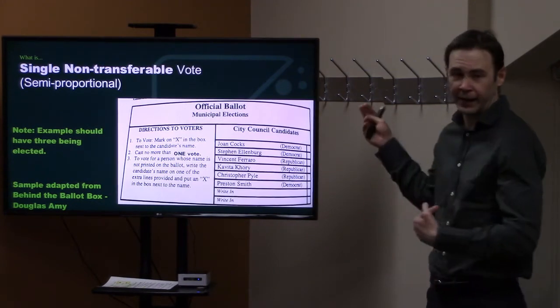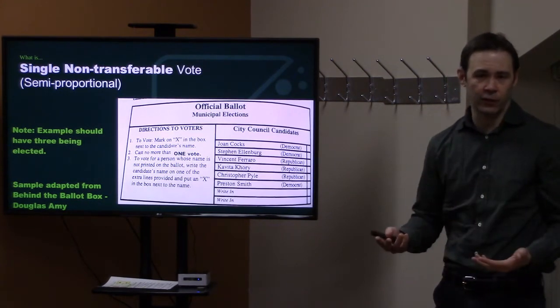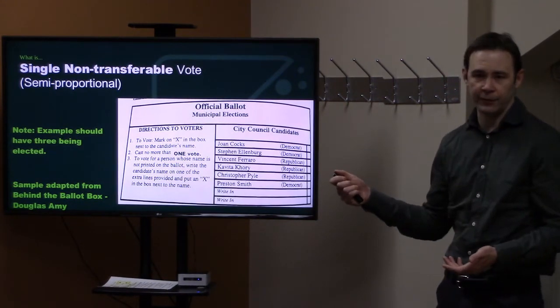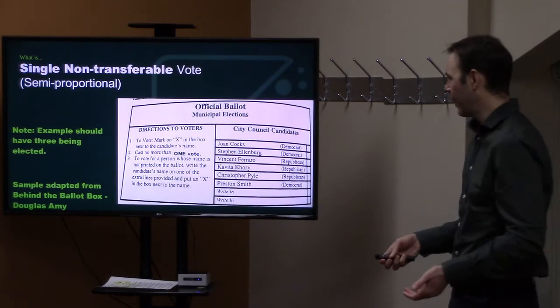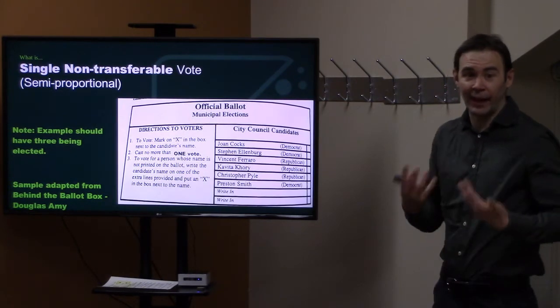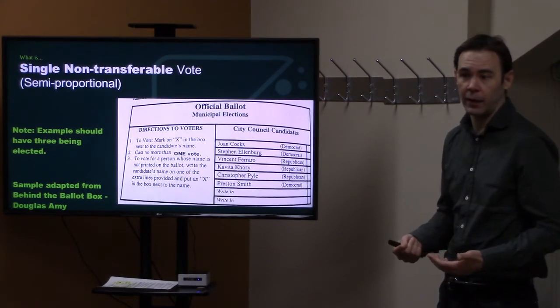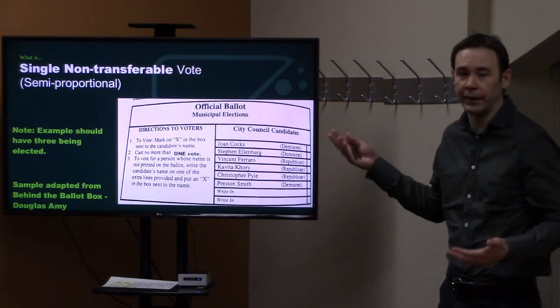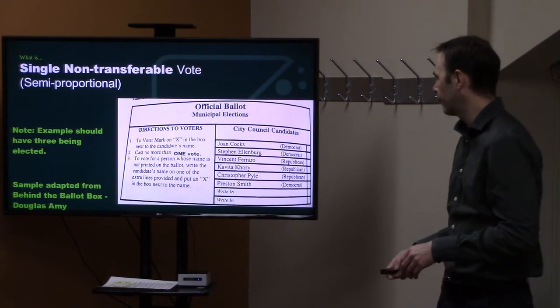So it looks a lot like the regular plurality voting ballot that we're used to seeing. But with this one, it's electing multiple people at once. And these methods are really relying on vote splitting between a particular block of voters. And that's how they get this semi-proportional outcome.